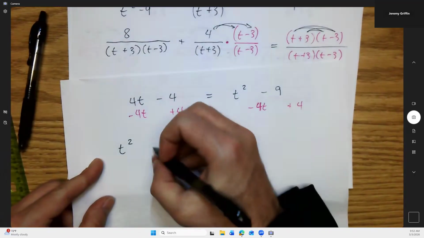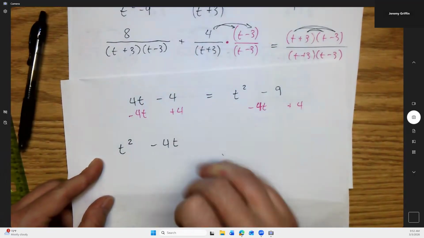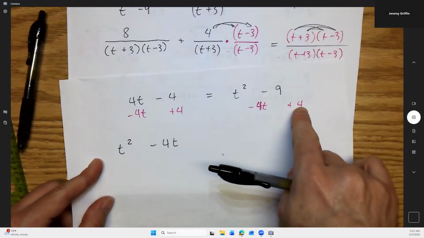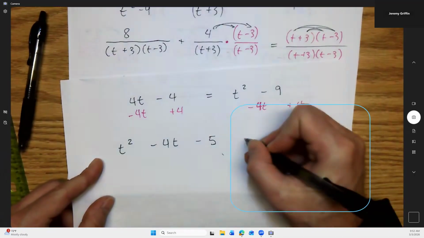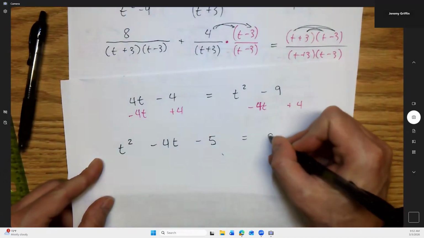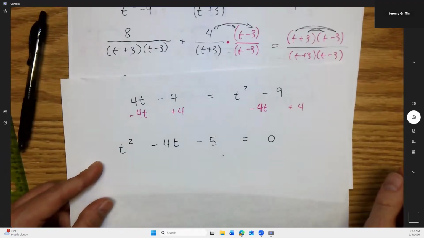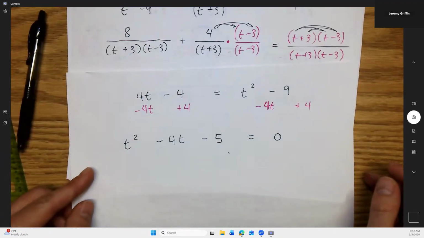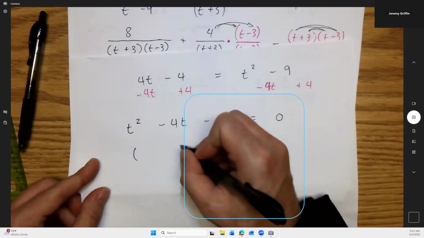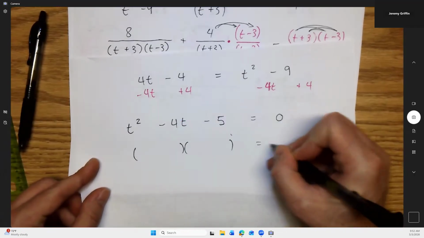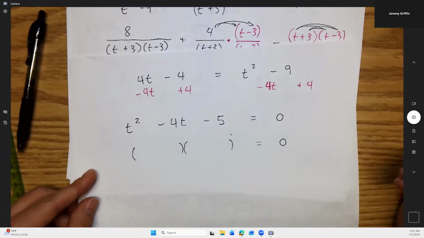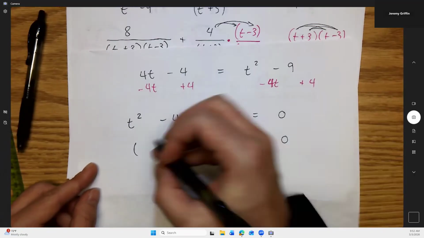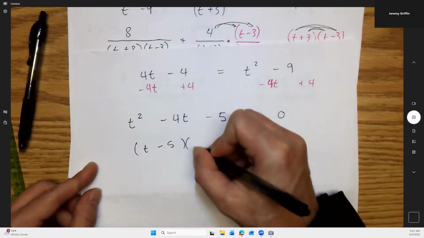I subtracted over the 4t, so minus 4t. Add over 4. Now, -9 plus 4, isn't that -5? And this whole thing is equal to 0 now. So now we've got that. I'm pretty sure that's factorable. That could be what, equals 0? T minus 5, t plus 1.